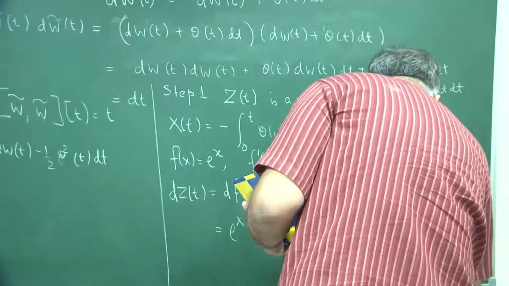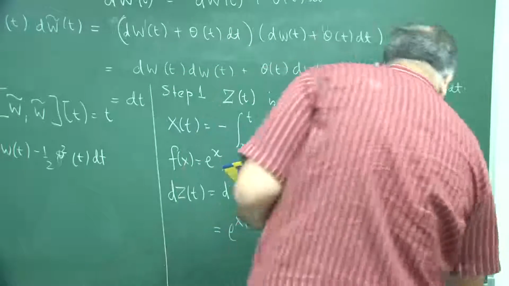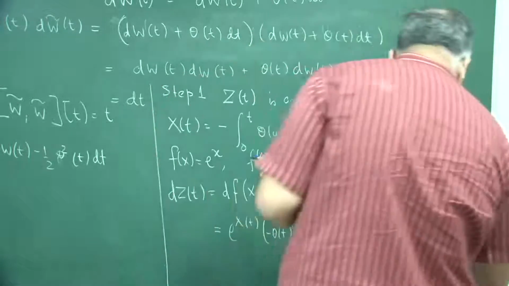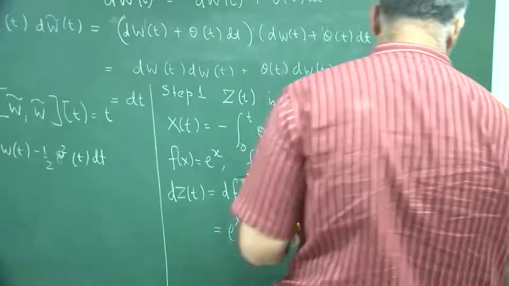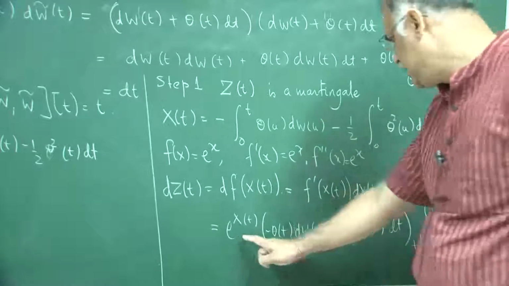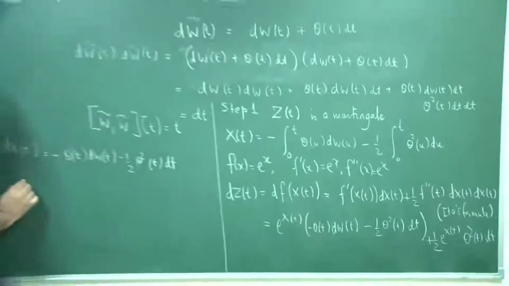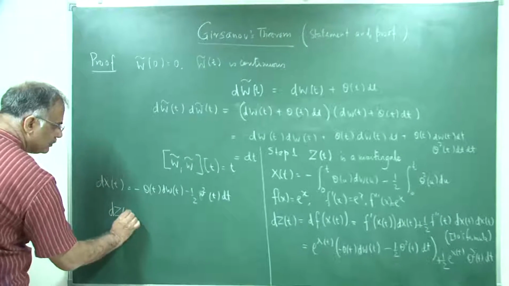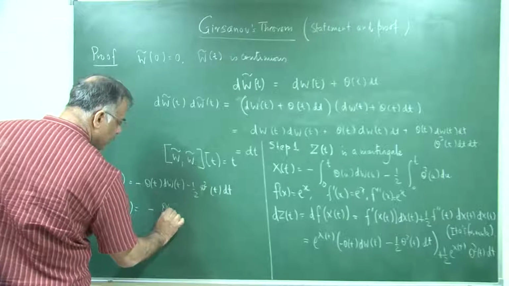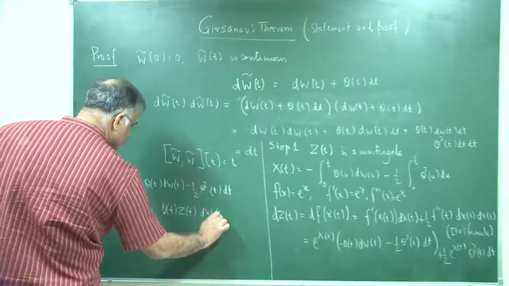I am not doing the detailed calculation. This would be a good exercise to find out the quadratic variation, and I will ask my TAs to put it in the assignments for you. So, once you know this, you know that this into this and this part cancels out. So, finally, what you have is that dzt is minus theta t e to the power xt, which is zt, into dwt.